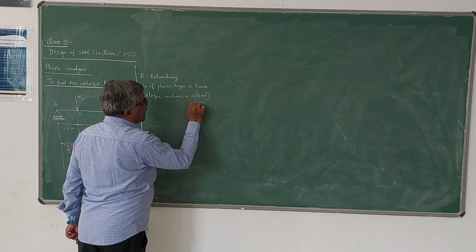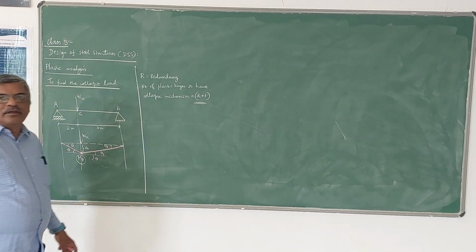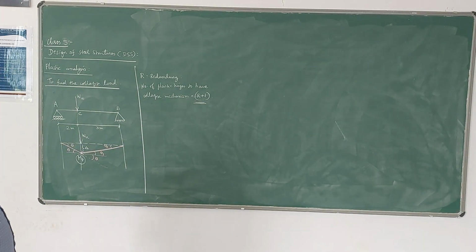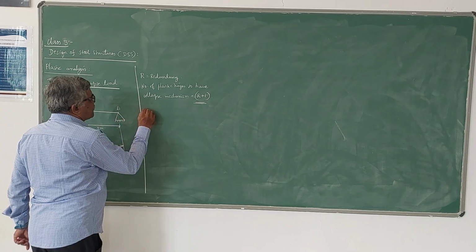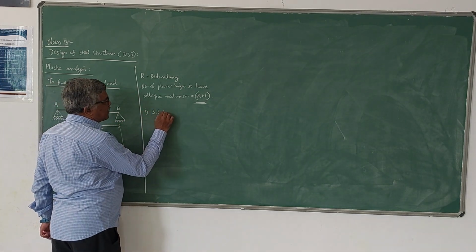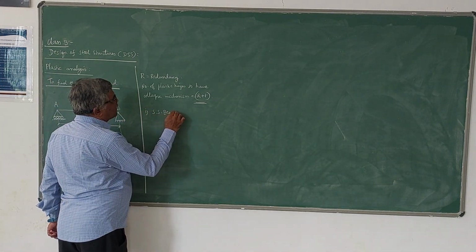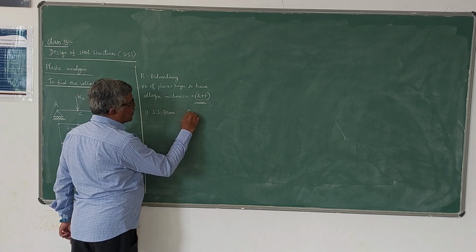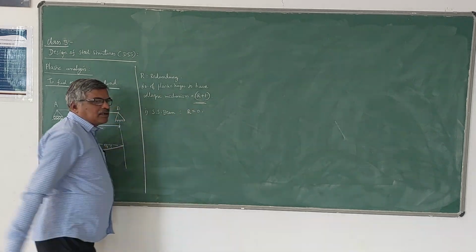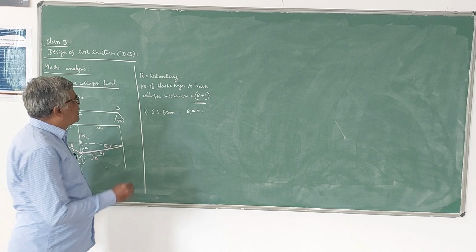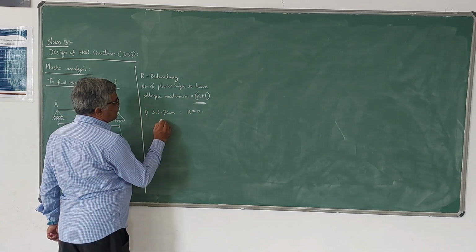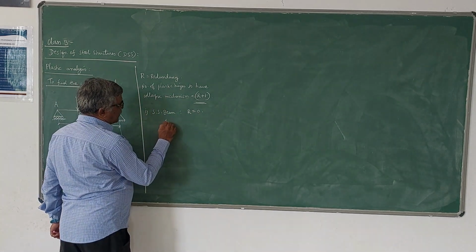So this is a general guideline. In the case of a simply supported beam, the redundancy is 0 because a simply supported beam is a statically determinate structure. So the number of plastic hinges to be formed will be 1.